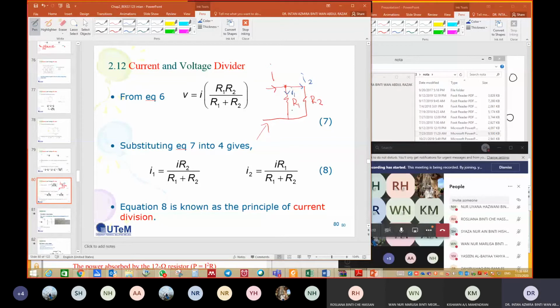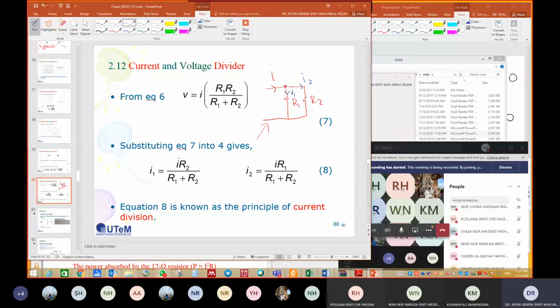So how to find I1? I1 is equal to R2, the resistor that is connected in parallel with R1, divided by R1 plus R2, multiplied by the current that is supplied to this path.